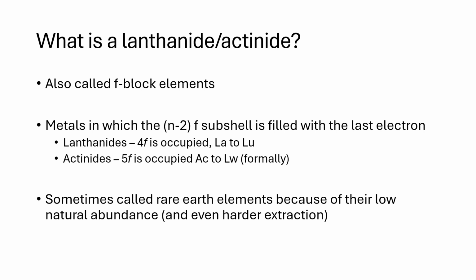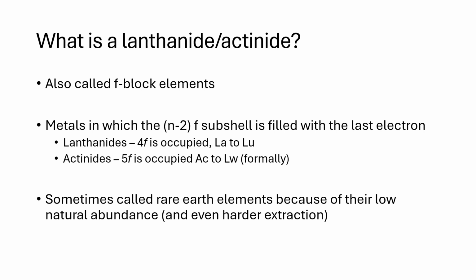So what we're saying is that if we count, let us say in the first row of the transition metals, we have 3D, then we have 4S, 4P, 4D, 4F, etc. When we reach the point of having 4D and after D we get F, we're really supposed to go to 5S, etc. And what we're saying is that the subshell that is two down from the last shell is actually filled in this case.